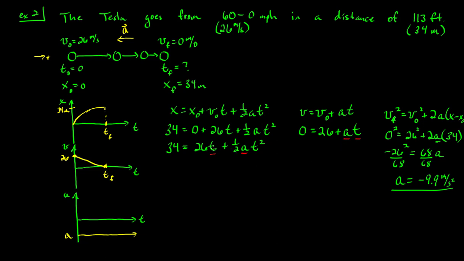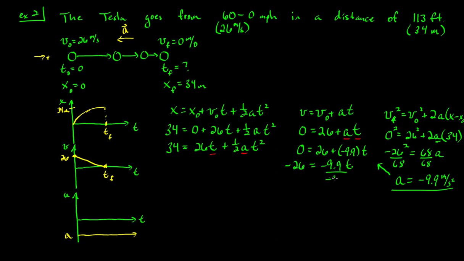We can either do this one or this one. I would probably do this one because this one is linear and this one has a quadratic, so it's going to be a little easier to solve for it. We'll plug it in. So we get 0 equals 26 plus negative 9.9 times t. Now we just solve for t. We subtract that over: negative 26 equals negative 9.9t.